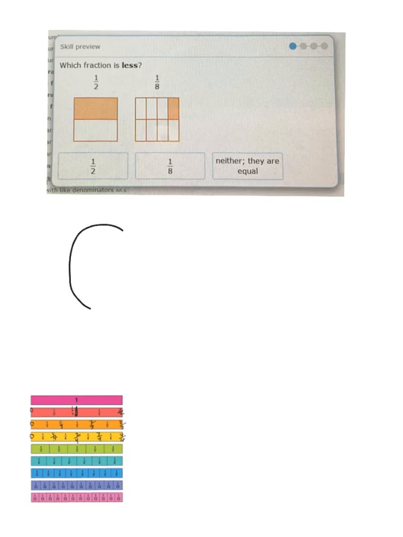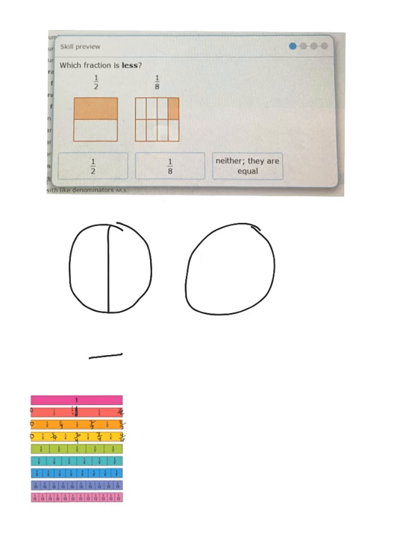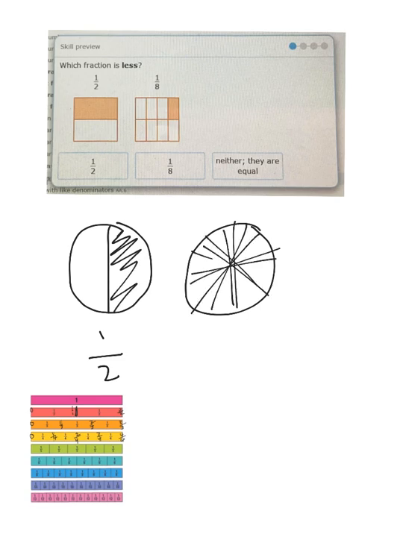Imagine a pizza. I'm going to give you 2 pizzas. I've ordered 2. I've split one into halves. So I'll say I'll give you either 1/2 of my pizza, and I've split the other one into 100 pieces. Sorry, it's very hard for me to draw that, but you get the idea. Kids might say, oh, I want 1/100th of a pizza because the 100 means it must be really big.